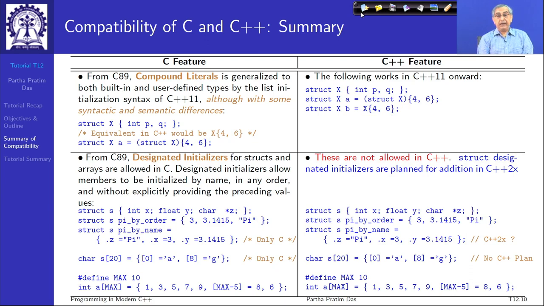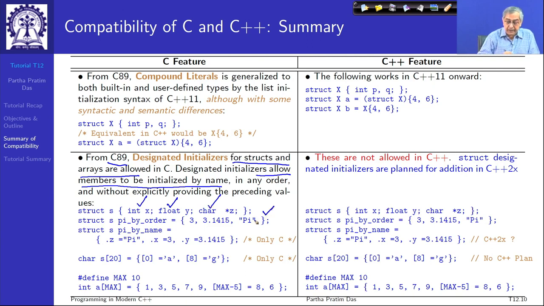The next is the designated initializer. In C89 there are designated initializers for structs and arrays. Designated initializers allow members to be initialized by name. For example, suppose I have a structure with 3 components: int, float and char.